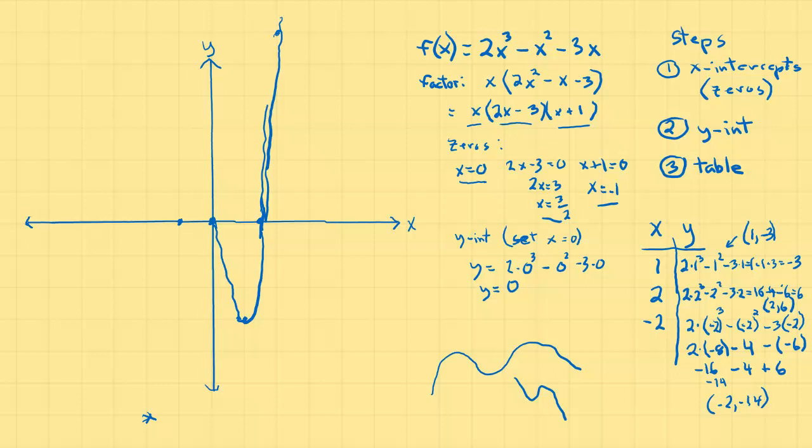Now something's going to happen in between the 0 on the x-axis and the point -1 on the x-axis. And it somehow has to come up and then come back down again. That's the only thing it can do. It has to come back and go through that point. And remember, it doesn't go through any other points, just those three on the x-axis.